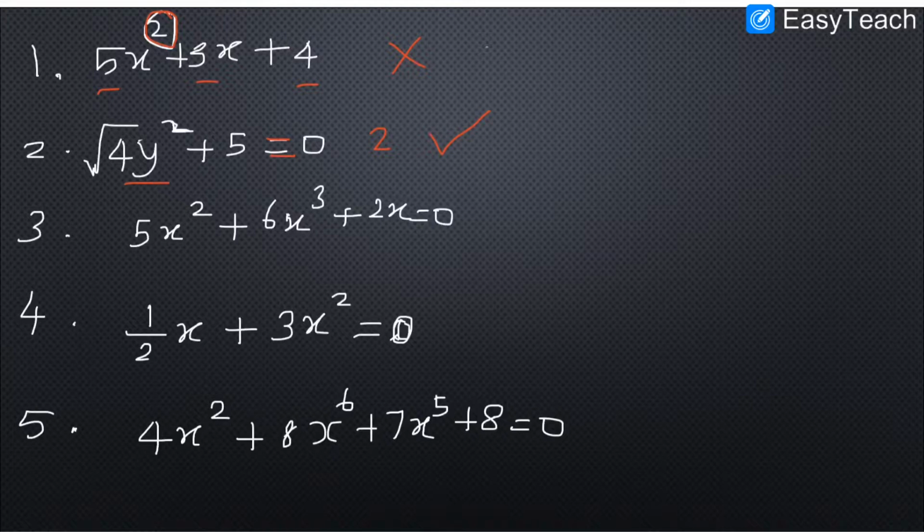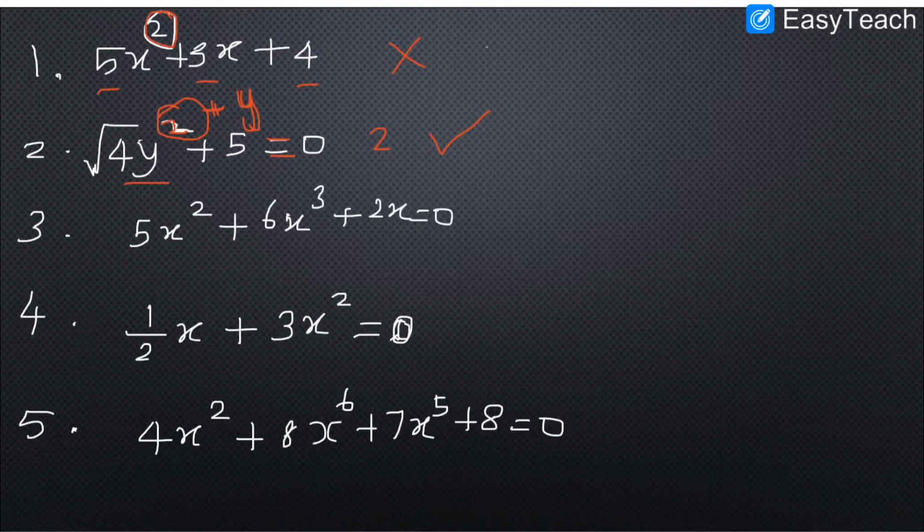Here you may have a doubt: we don't have y terms, we have y square terms. Then how can this be a quadratic equation? Actually, we should see the degree. If the degree is 2, then this must be a quadratic equation.